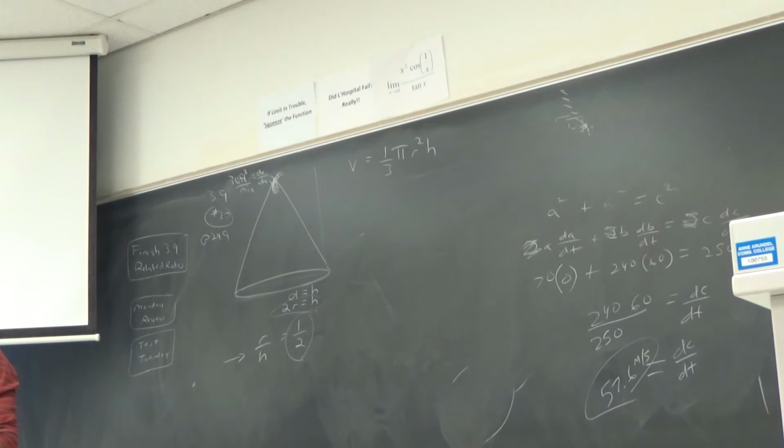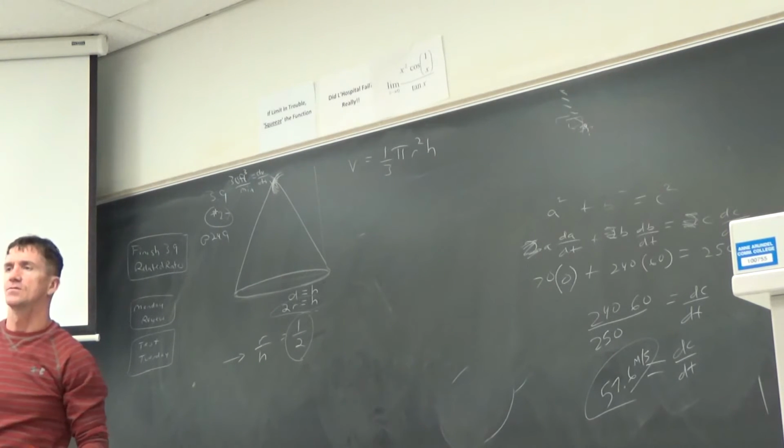Do we have to memorize the formulas or will you give it to us? Good question. If I give you a cone problem on the test, I would give you the cone equation. But I would expect everyone to know area of a circle. Do you know that? Yeah. Pi r squared, good. Area of circle, circumference of circle, do you know that? 2 pi r. Know those. Do you know volume of a box for this course?